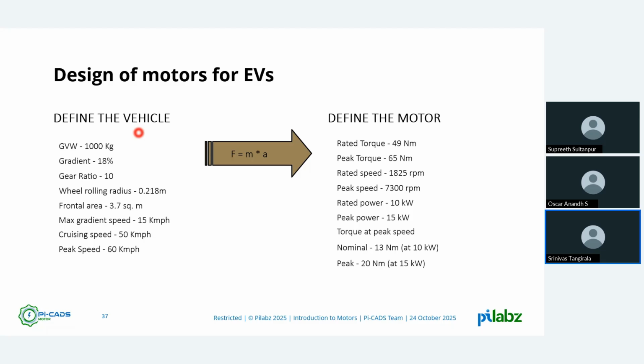That's when it gets damaged, so you don't want to do that. As per the design of the motor, you're supposed to operate the vehicle as per the rated motor specifications. And the rated speed is 1825, which is the RPM of the motor at continuous speed. And there is also a peak speed, 7,300 RPM.